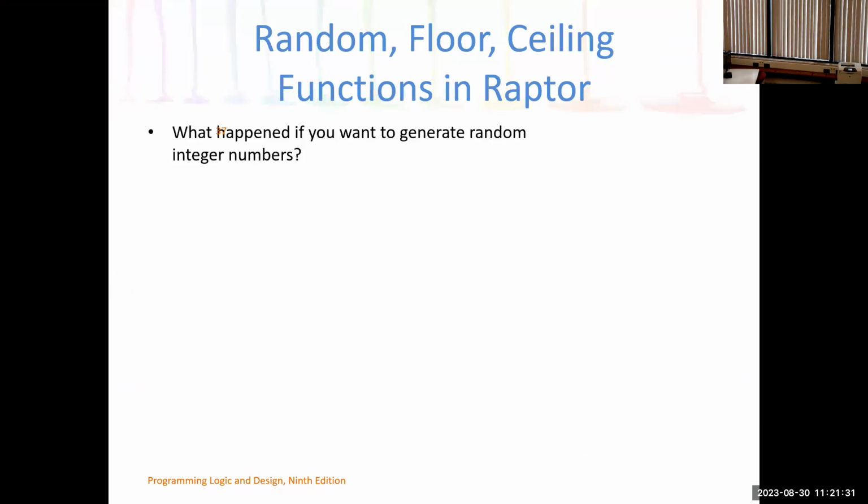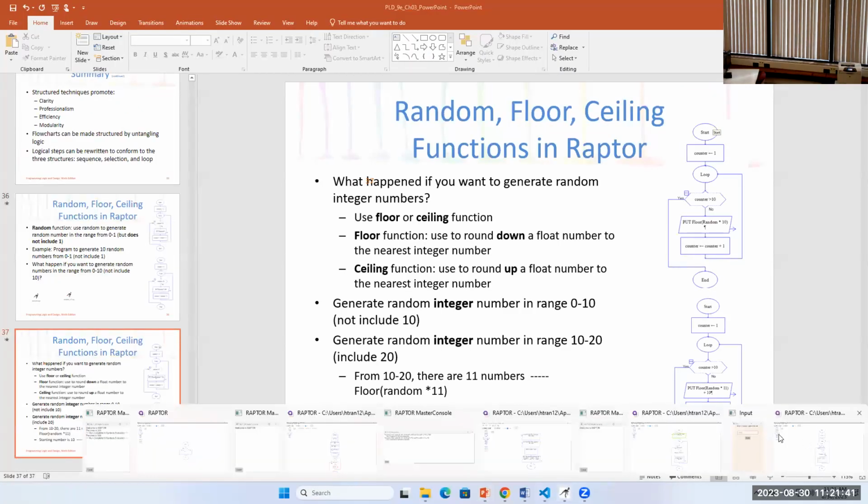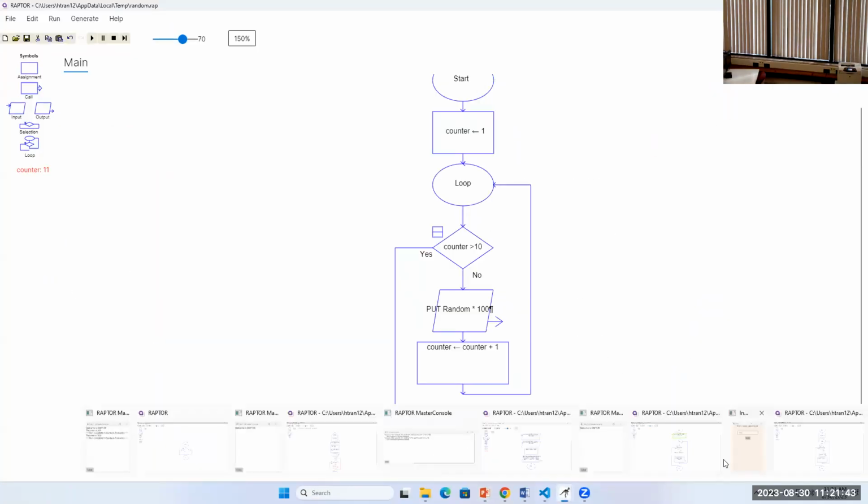Now, what happens if you want to generate a random integer number? You see, everything here is a floating point number. It's a floating point.